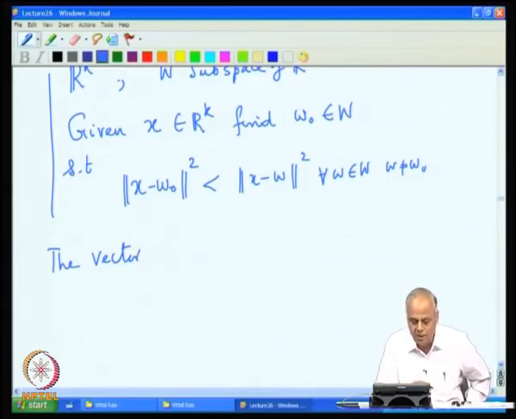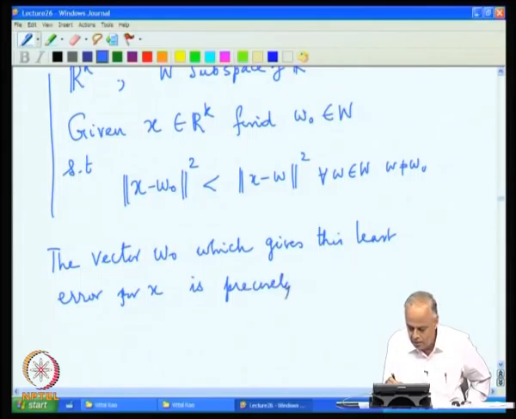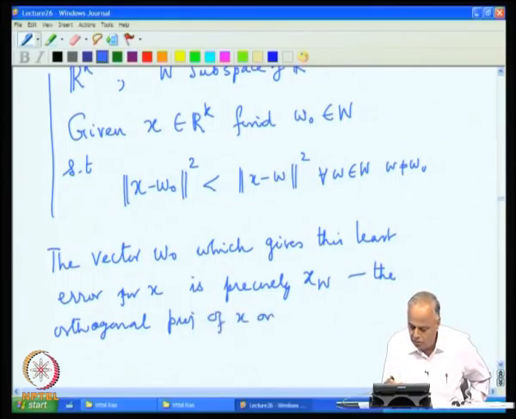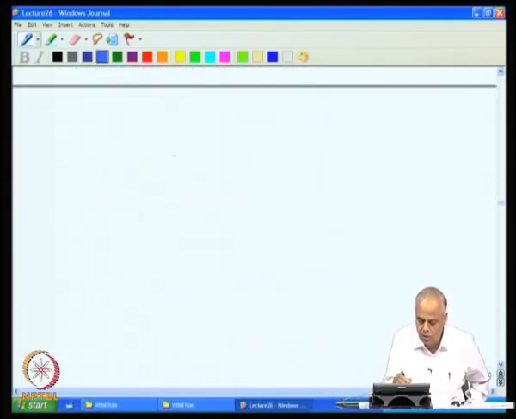We shall see in the next lecture that the vector W naught, which gives this least error for x, is precisely x_W, the orthogonal projection of x onto W. You can visualize this as follows.